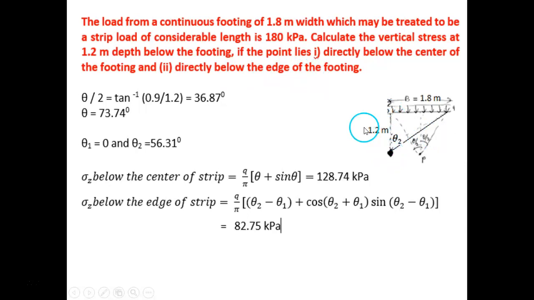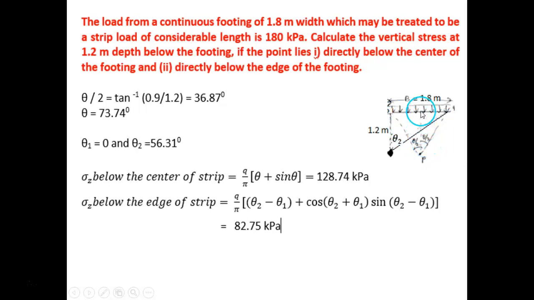So in the strip load equation, first thing is we have to find the value of theta. When we consider point P, we can join this point with the endpoints of the strip load and then find the angle theta using the triangular property.